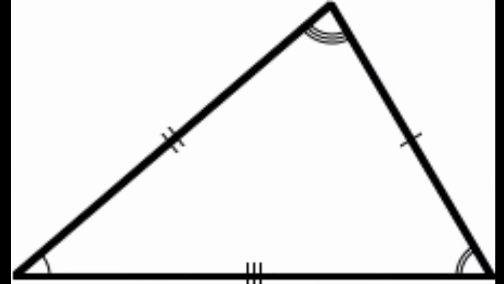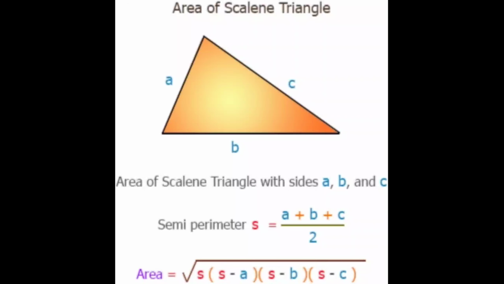Perimeter is the sum of all sides, and the area of the scalene triangle is equal to 1 by 2 multiplied by b multiplied by h, and another formula is Heron's formula.